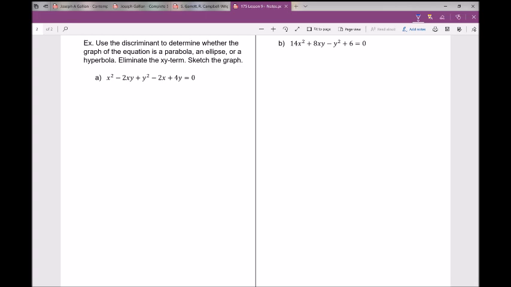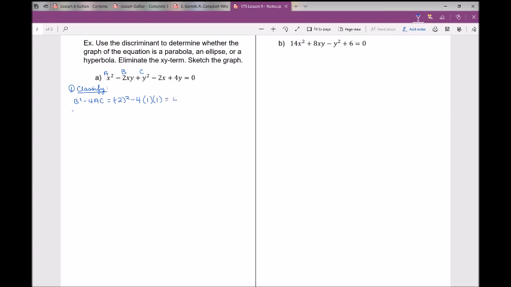So the first thing we want to do is classify the equation. Okay, so to do this, we use our discriminant. So we have b squared minus 4ac. Now in this equation, a is 1, b is negative 2, and c is 1. Okay, so what we get is negative 2 squared minus 4 times 1 times 1.